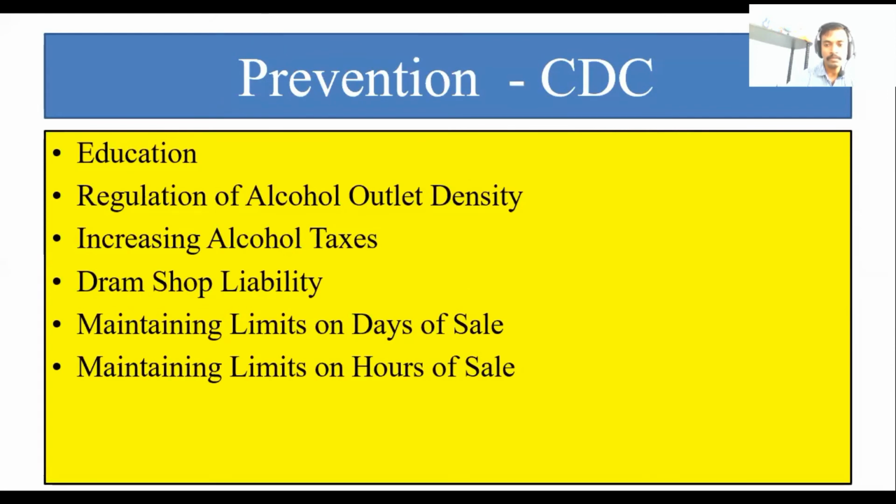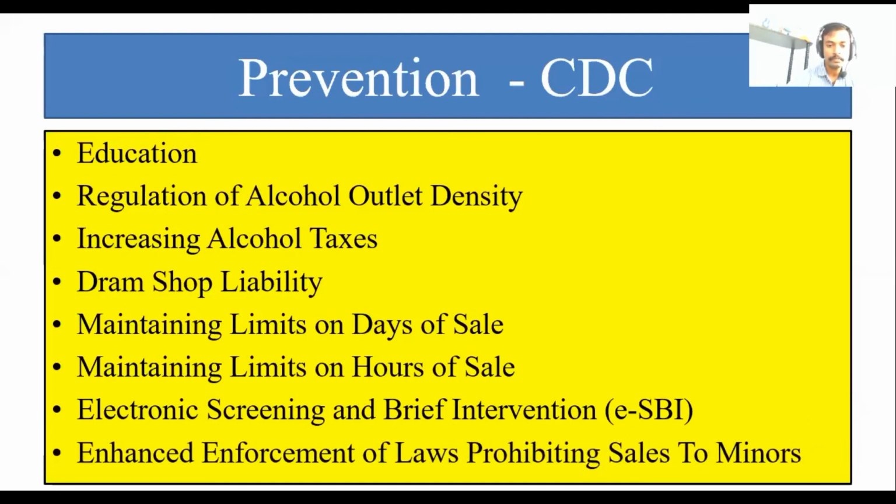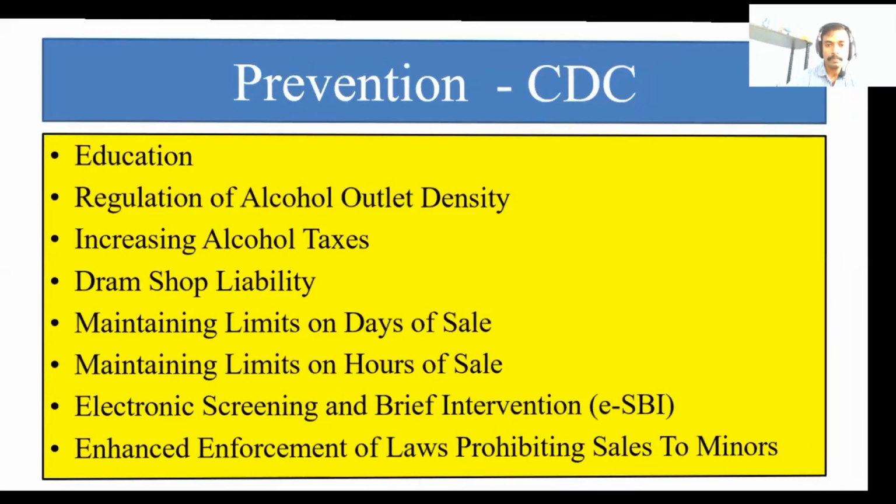Hours means particular hours, for example morning or evening, like this. Then electronic screening or brief intervention. Then enhanced enforcement of laws prohibiting sales to minors. So mainly teenagers or children are not allowed to consume alcohol.